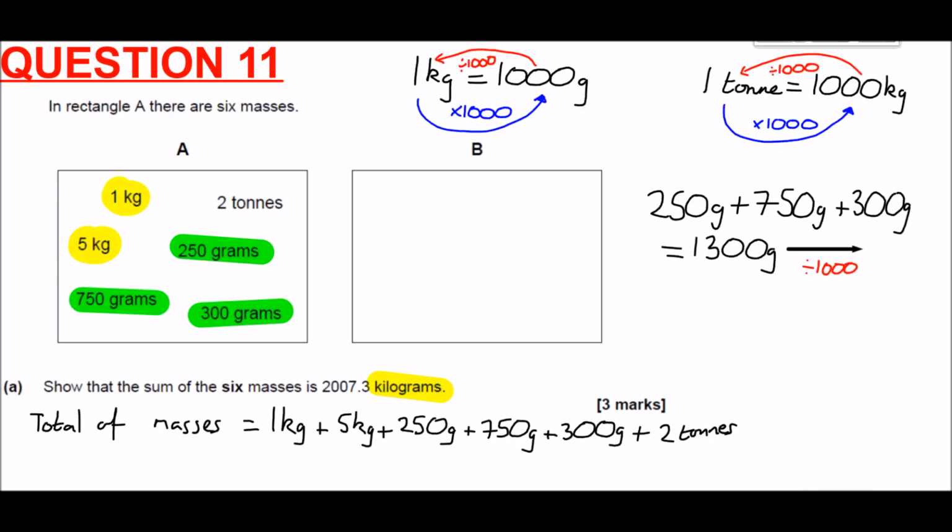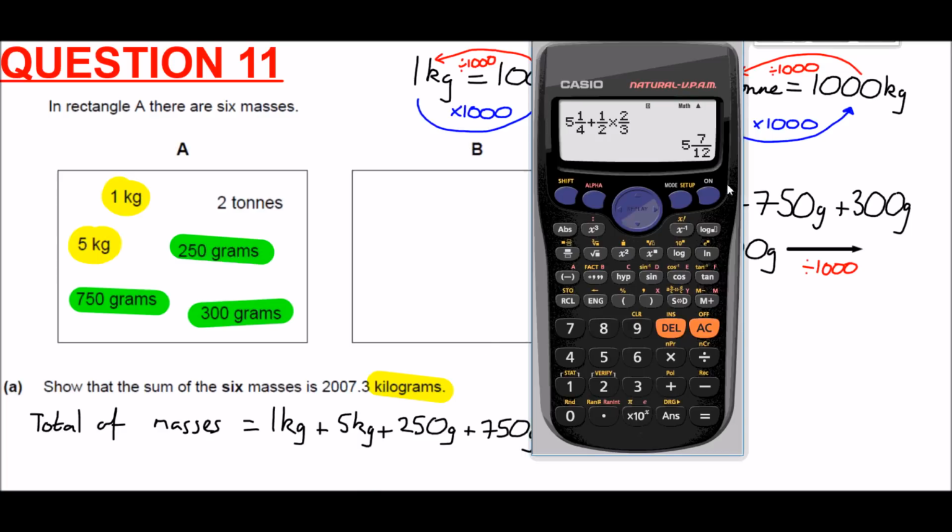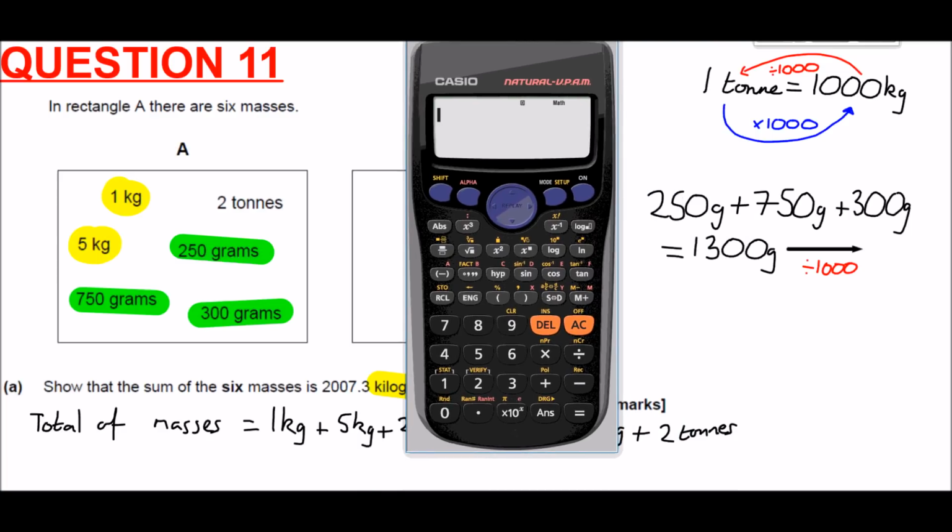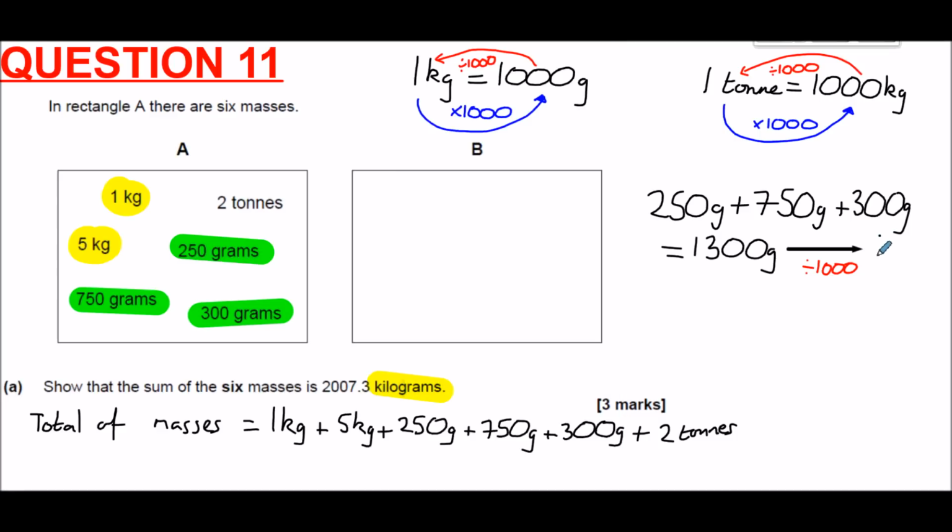So in kilograms, 1,300 grams will be 1,300 divided by 1,000, which will come out to be 1.3 kilos. And so the sum of all these weights in grams, 250, 750 and 300, actually comes to 1.3 kilograms.